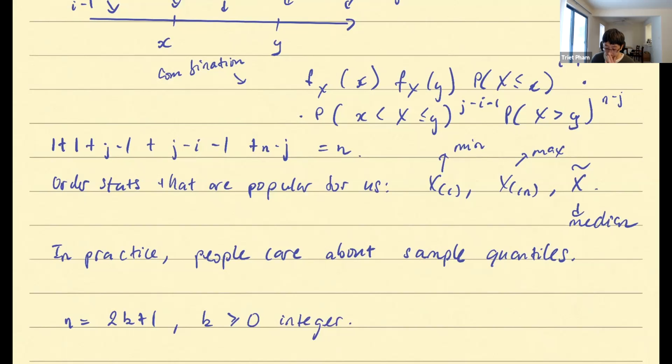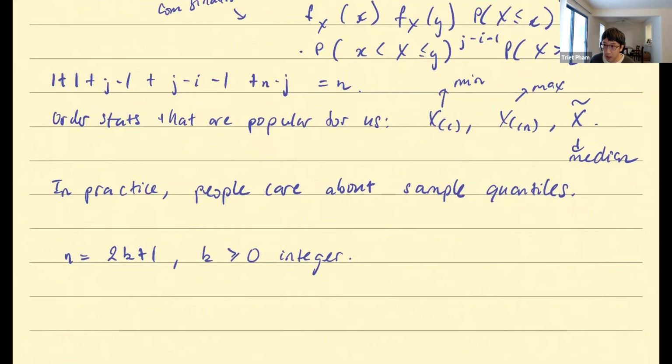The reason is if the sample size is odd, then the sample median will be, I believe, the k+1 order statistic. For example, if k equals 1, n equals 3, then the second value, the one in between, is the median.